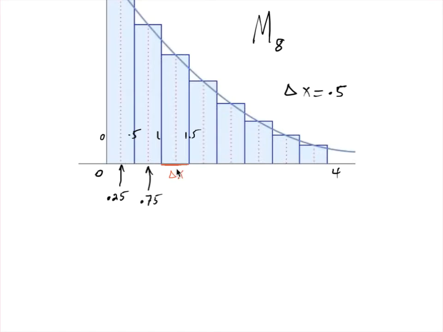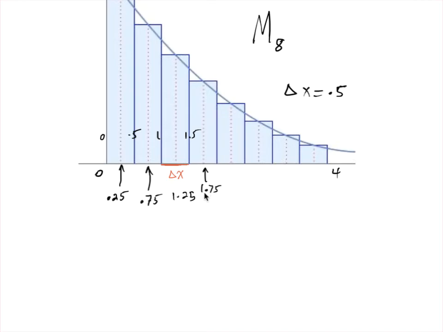And the next one would be 1.25, and then the next one is 1.75. Then they increment by half.